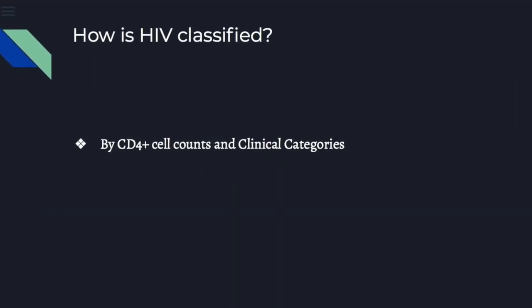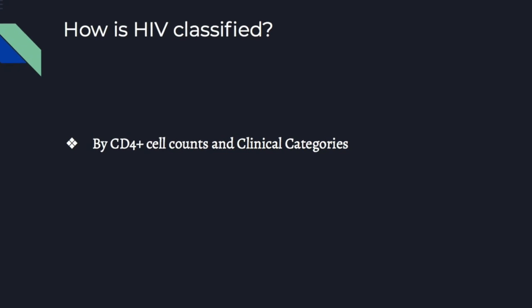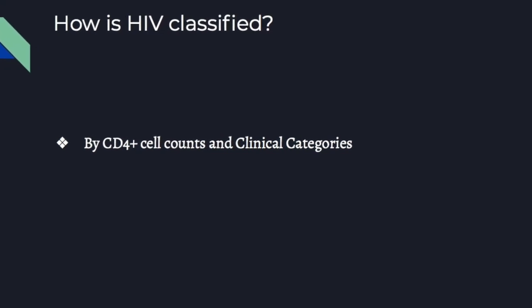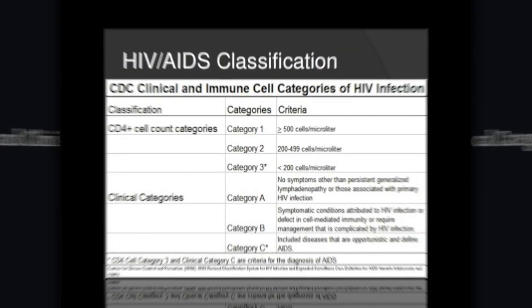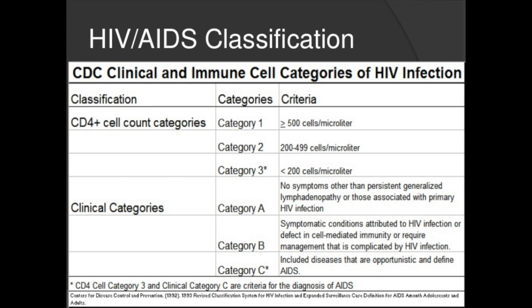HIV is classified by CD4 plus cell counts as well as clinical categories. Okay, so here is a chart that is going to depict the classification of HIV and AIDS. The classification system defines three categories that correspond to the CD4 plus cell counts per microliter of blood.